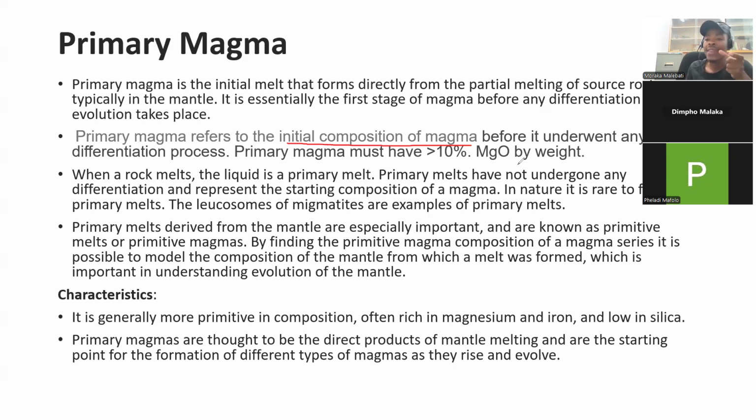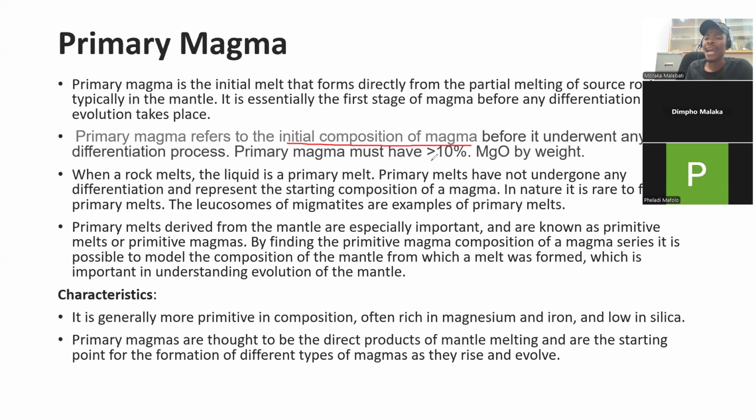So we are looking at the initial composition of that magma before it undergoes any magmatic differentiation, that is to say, before it can evolve because of fractional crystallization and other igneous processes.